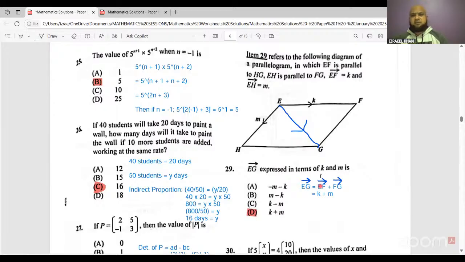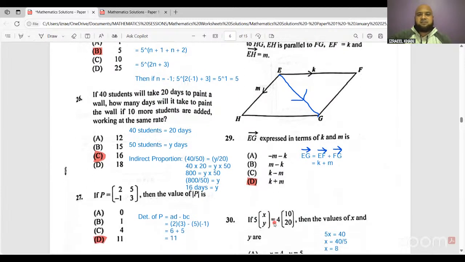What is EF? K. What is FG? FG is parallel to EH. So FG is M. So it'll be K add what? M. All these things should be underlined, but then you'll get the gist. So D as in dog, that's the answer for this one.